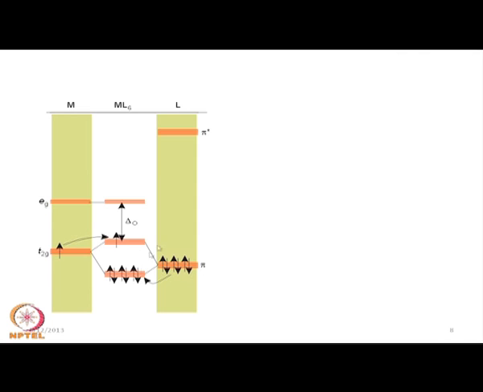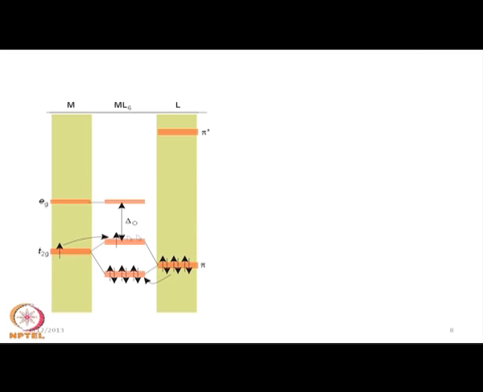And if only the pi levels are filled, that means the ligand is functioning only as a pi donor ligand, like our iodide, chloride or sulfide. Since they are good pi donor ligands, they will interact with the T2g level of metal ion orbitals and give rise to 2 levels, and the metal electron is pushed to the T2g antibonding level.